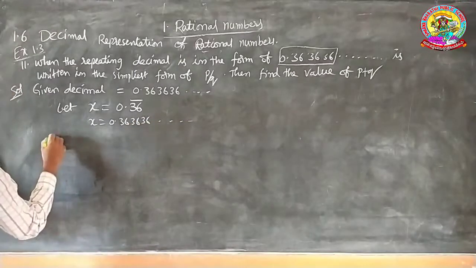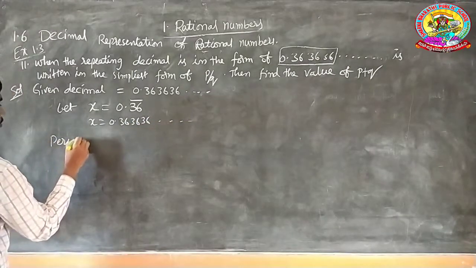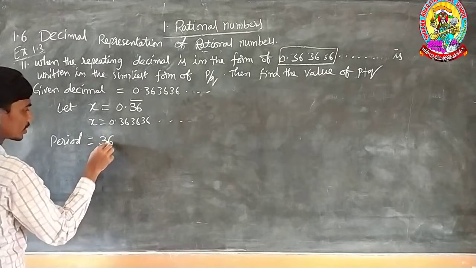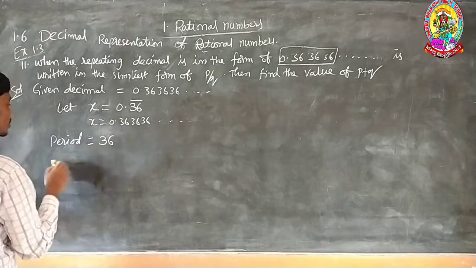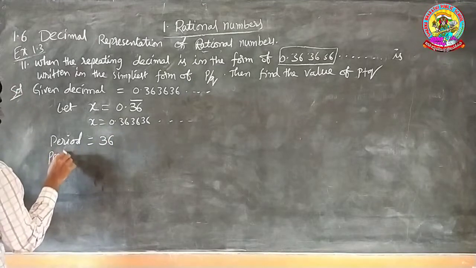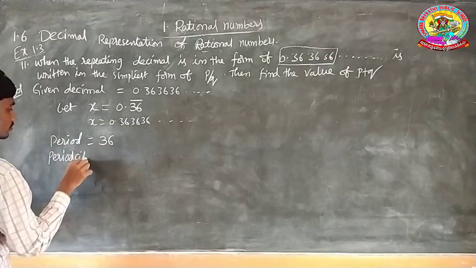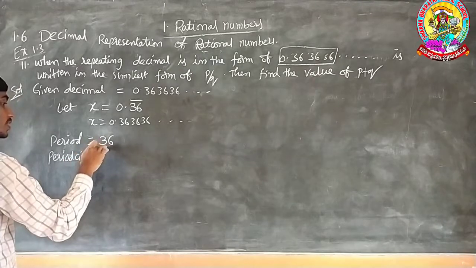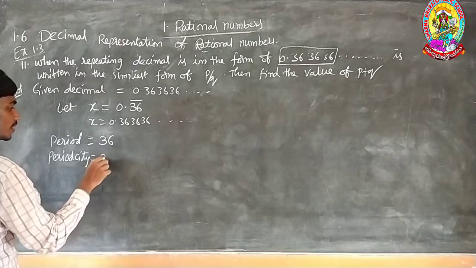Then find out the period and periodicity. The period is the number that repeats: 36 is repeating, so 36 is the period. The periodicity means how many digits are repeating in the period. 2 digits are repeating in this period.